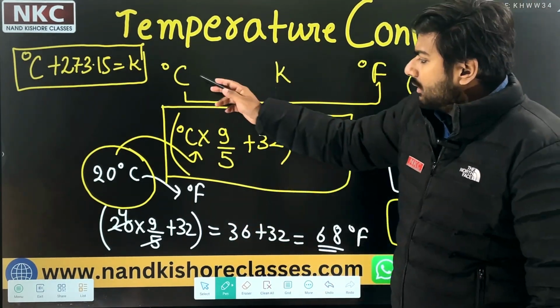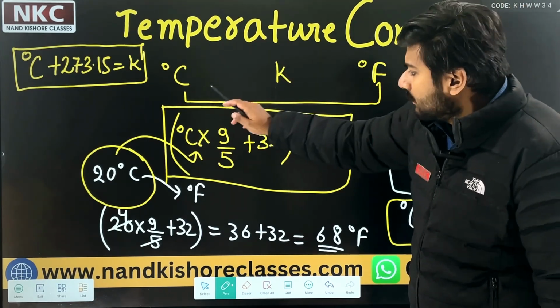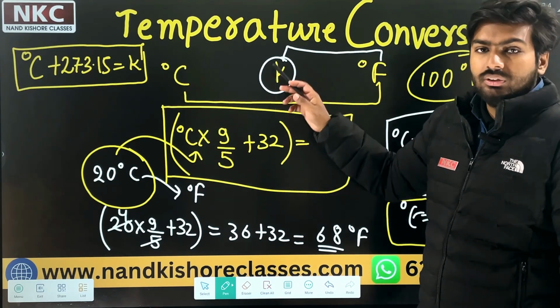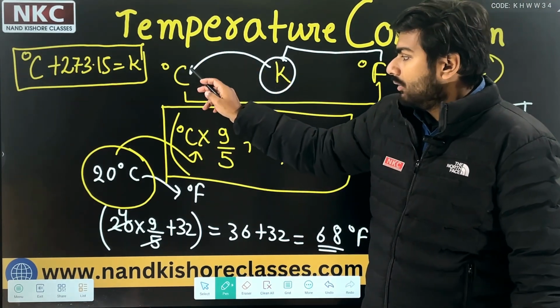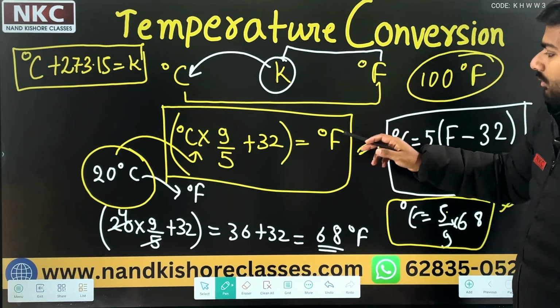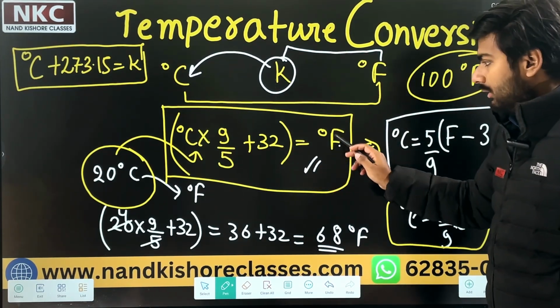Whether it is degree Celsius to Fahrenheit, degree Celsius to Kelvin, or Kelvin to Fahrenheit. How will you convert? First, convert Kelvin into degree Celsius, and then use this formula to calculate in Fahrenheit.